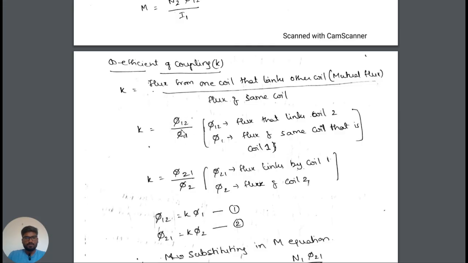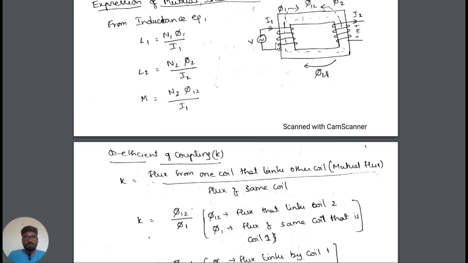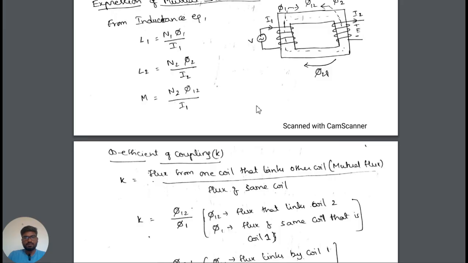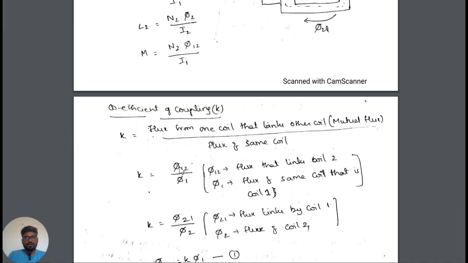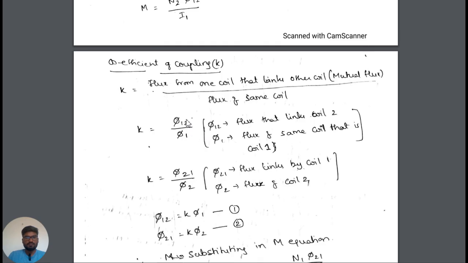If the total flux phi1 generated from coil 1 directly and equally links with the other coil, then phi12 equals phi1. So at that time the K value becomes 1. That is without losses.